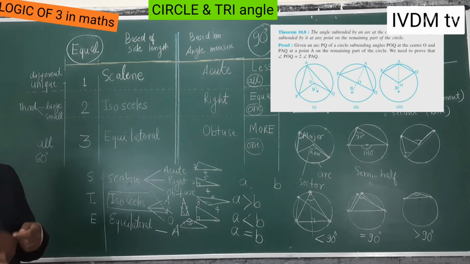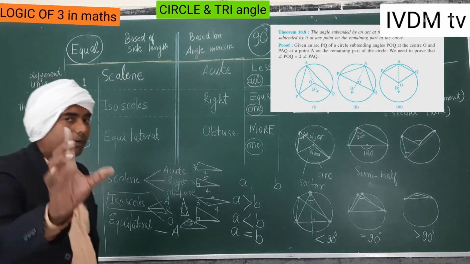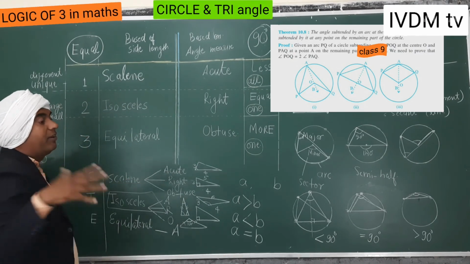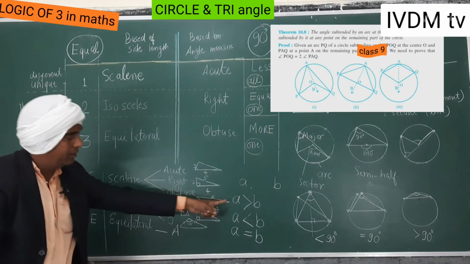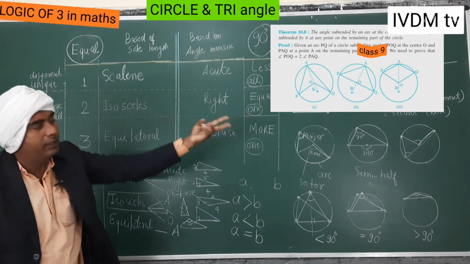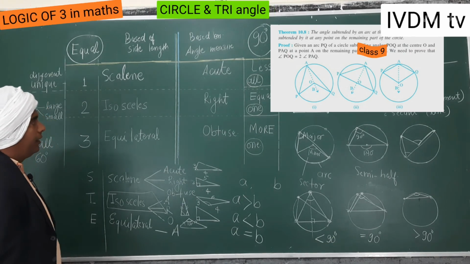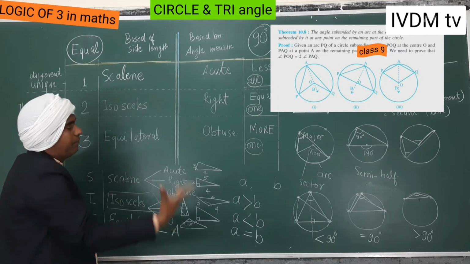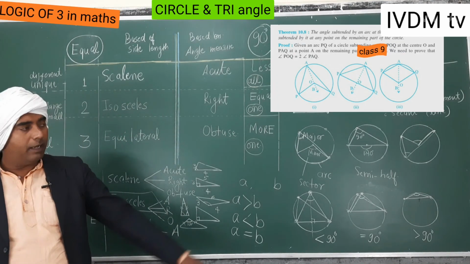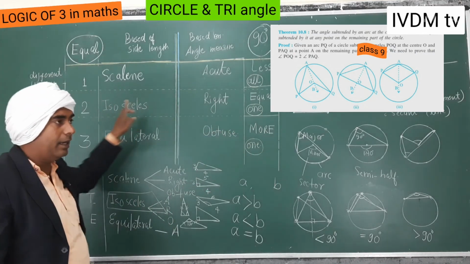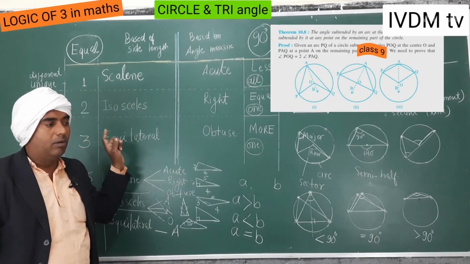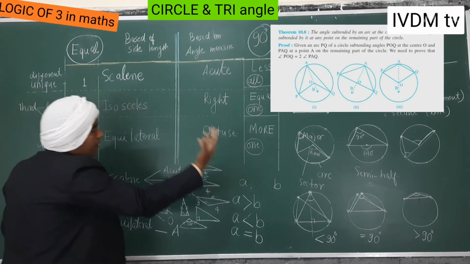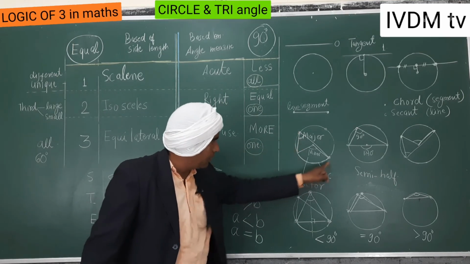So I have joined class 9th and class 10th for only one reason. First of all, I have to tell you only 3 conditions. Why 3 conditions? Because this is 3. This is 3. And I would like to tell you, in a circle, all types of triangles can be formed. So I started from the circle and then I made triangles. What will happen if I am given a triangle and I have to make a circle circumscribing it?